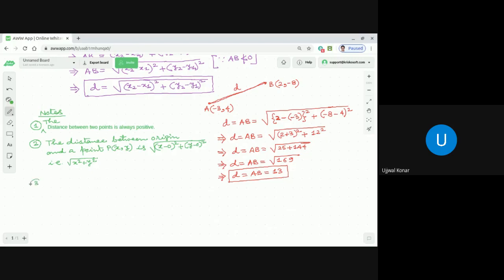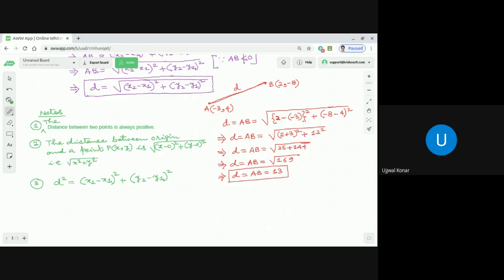What is the distance formula? d square is equal to (x2 minus x1) whole square plus (y2 minus y1) whole square. That is the distance formula.